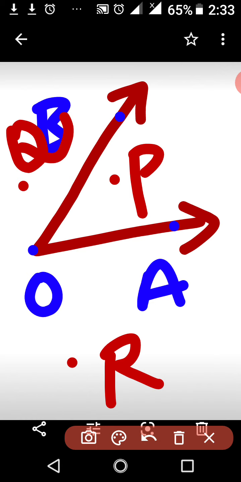Next, points which lie outside of the arms, means here point R and point Q, these two are the exterior points of the given angle. Like this we can see interior and exterior of the given angle.